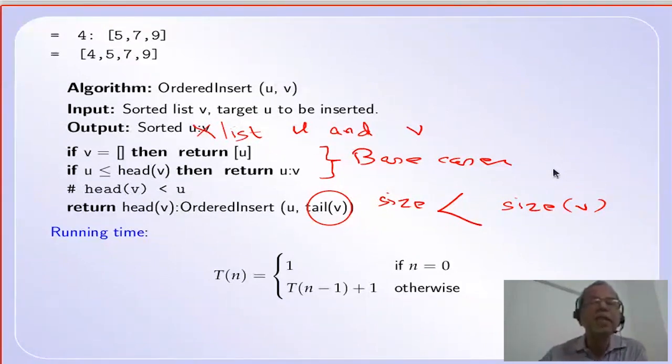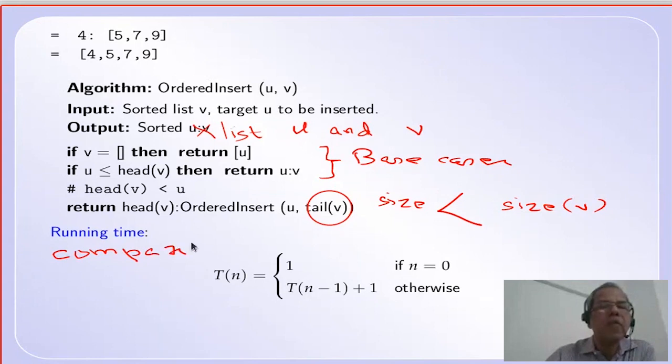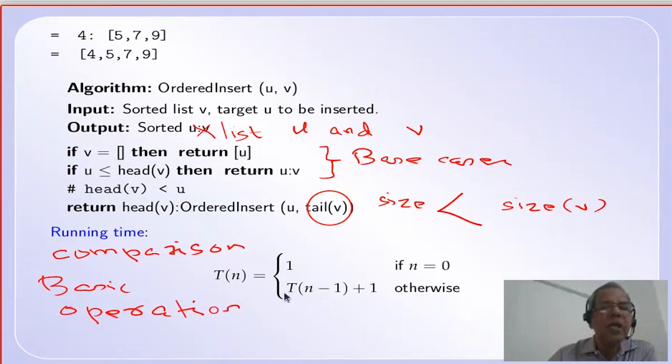Suppose I say the basic operation in ordered insert is a comparison. Comparison of two items is the basic operation. Then the running time of the algorithm is only how many times, in total, the basic operation is executed.